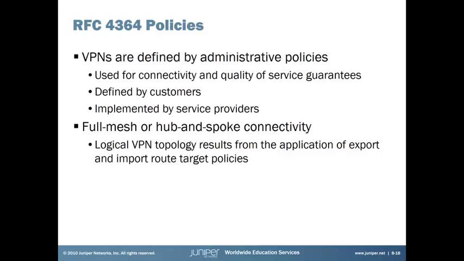We're going to do a lab on setting all that up. The actual requirements of the VPN are defined by customers. The customer comes along and says, I have 3 sites, and I would like a connection between the 3 of them. I need a certain amount of bandwidth, I need a certain amount of uptime guarantee for my particular connectivity.